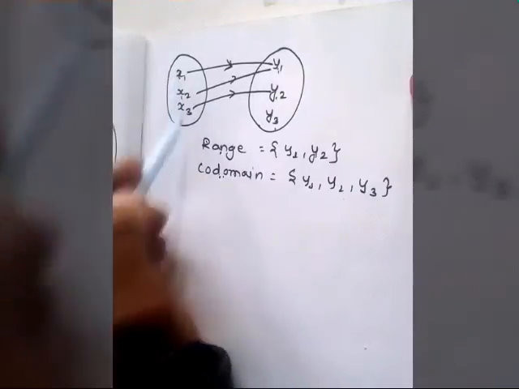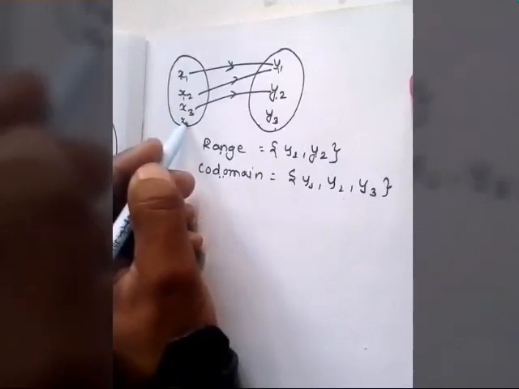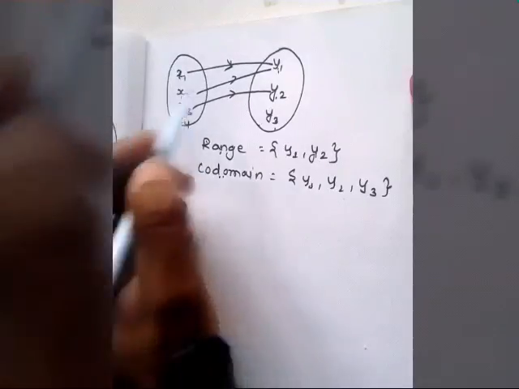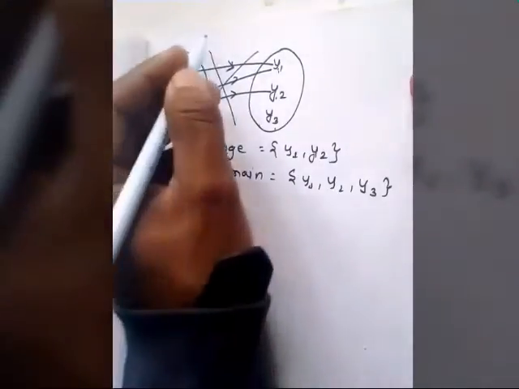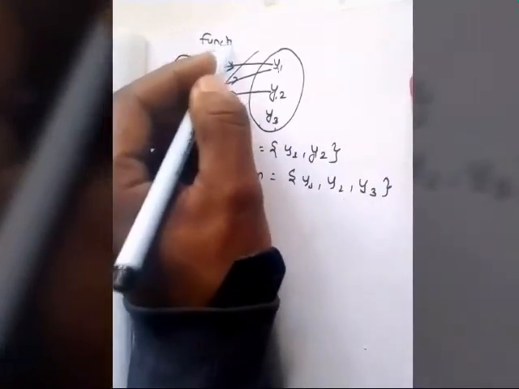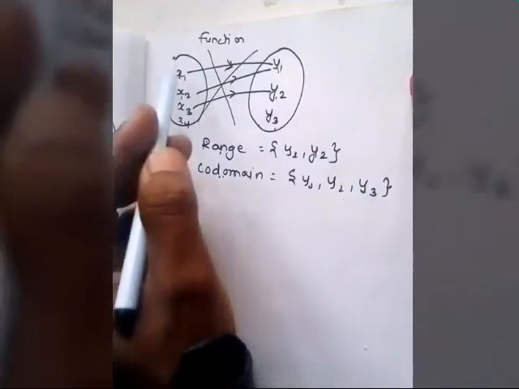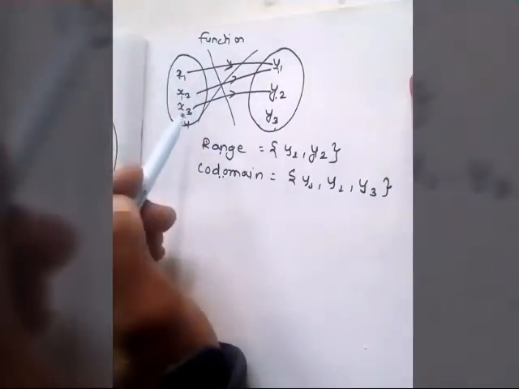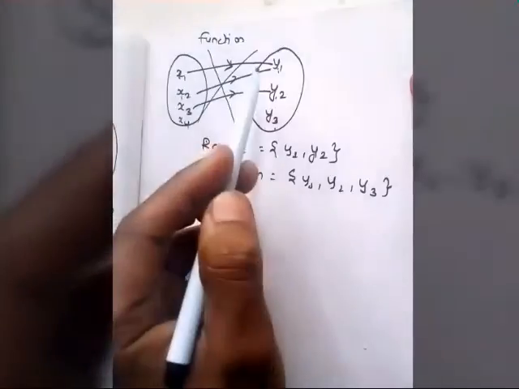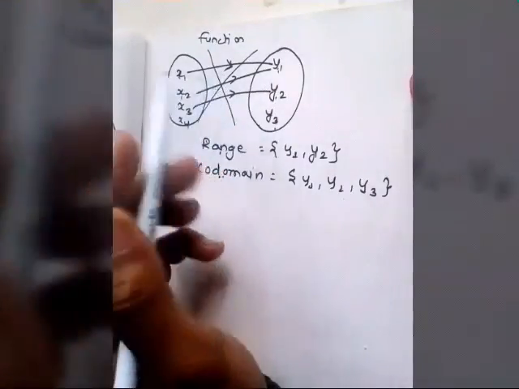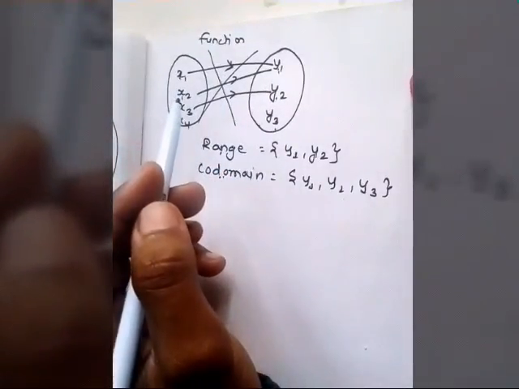But you can't have an extra element on the X side. If you do, this will not be a function. For a function, it is always a necessary condition that every element in X must be associated with a unique element in Y. We talked about this in function as a correspondence.